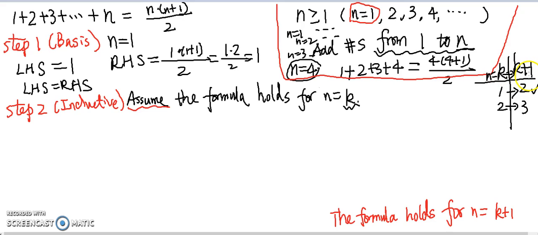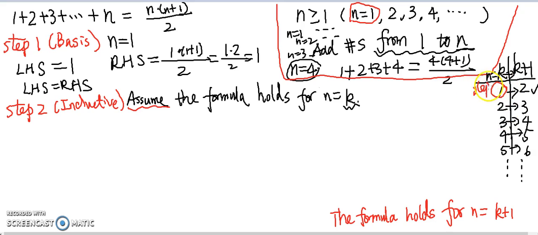So k to k plus 1 can be 1 to 2, 2 to 3, 3 to 4, or 4 to 5. This can be applied infinitely many times, so we can keep doing this. That pretty much proves every single case. So what we do is we prove the formula holds for 1 in step 1.